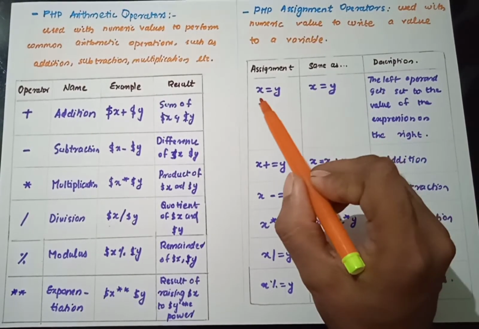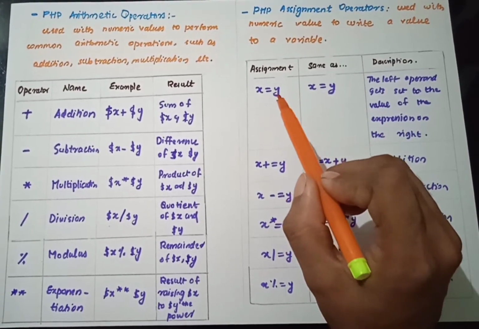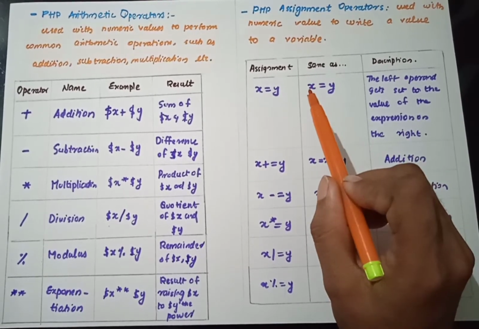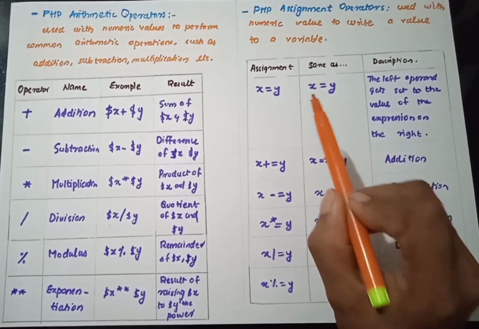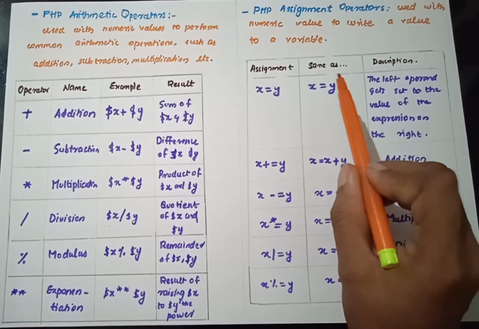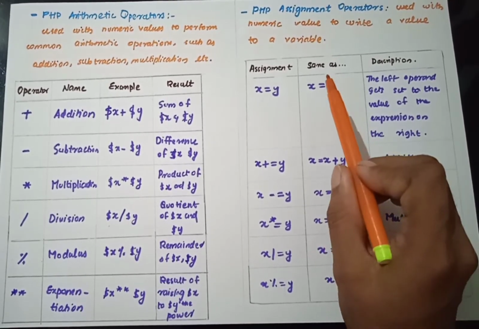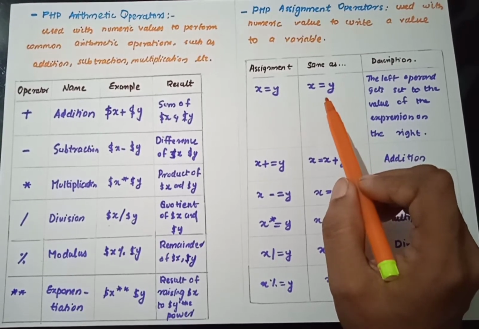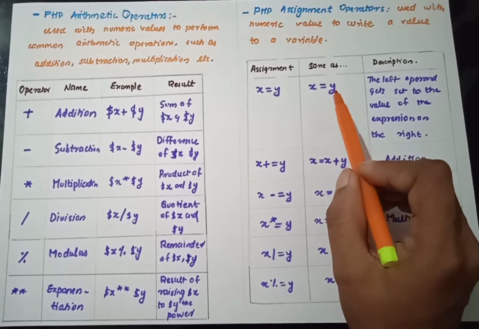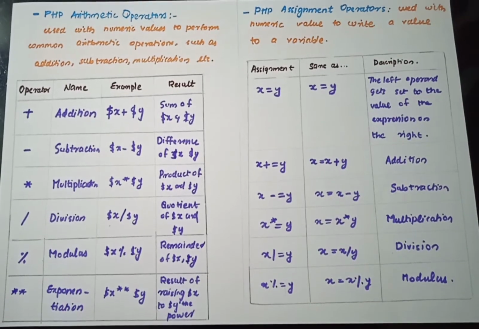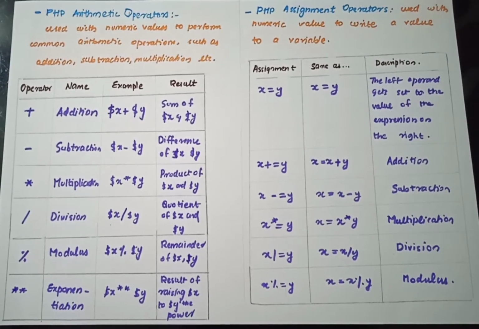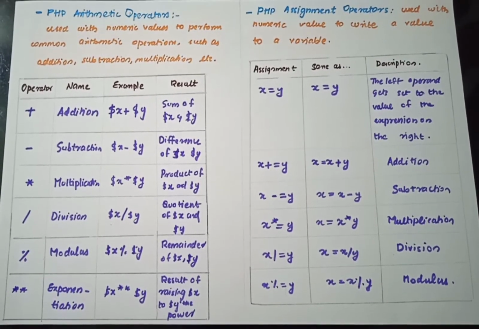So when you write an assignment operation like this, the left operand, here it is x, will be set to the value of the expression on the right. So this is the way you can use assignment operators.